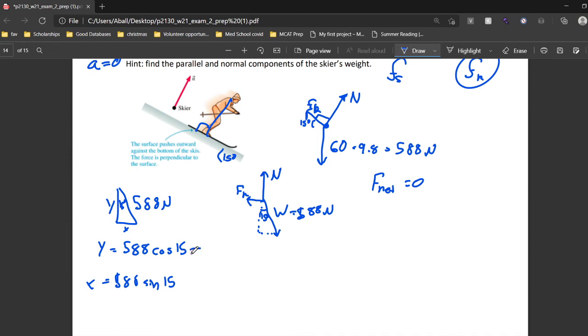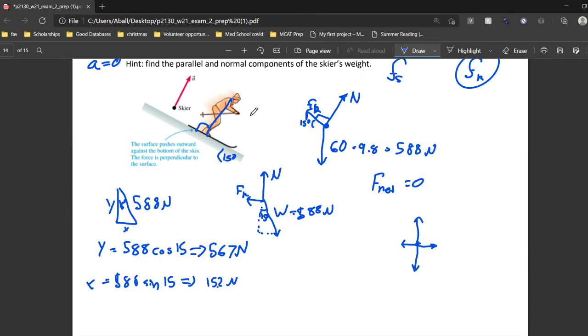Okay, so from here, we plug and chug. We see that y is equal to 567 newtons approximately, and x is equal to 152 newtons. And let's reanalyze this one more time. So we broke this down into its vertical and horizontal components.